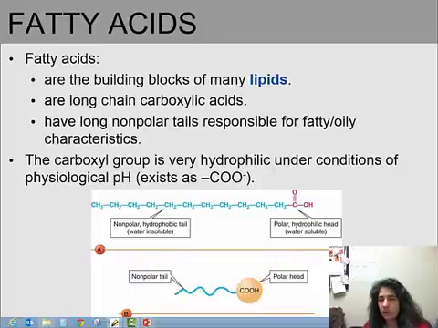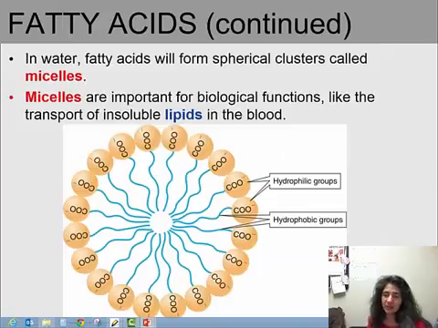Alright, so I go back to the clicker so I can advance the slide. I love this picture. This is what we talk about both with how soap and detergent tend to work, as well as what's going on in our bodies. And so we talk about micelles, and so this spherical structure is called a micelle.